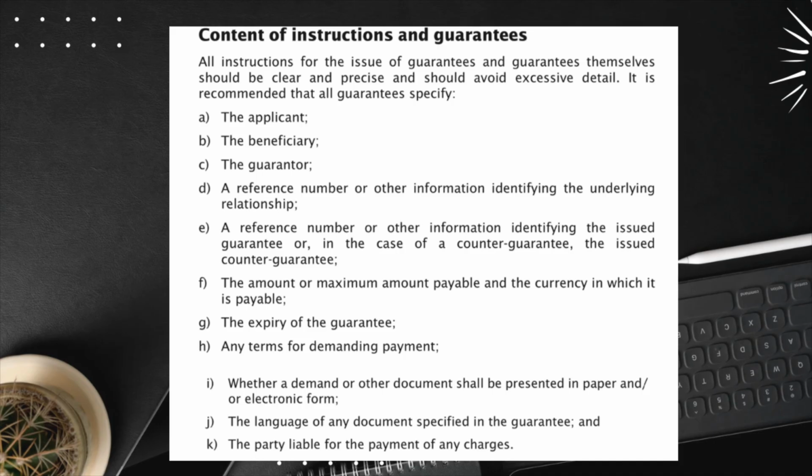Fifth, terms of demanding a payment, including whether documents should be presented on paper or electronically. Sixth, the language of the documents. Seventh, the party responsible for paying any associated charges. These elements are fundamental for clarity and proper execution of the guarantee.